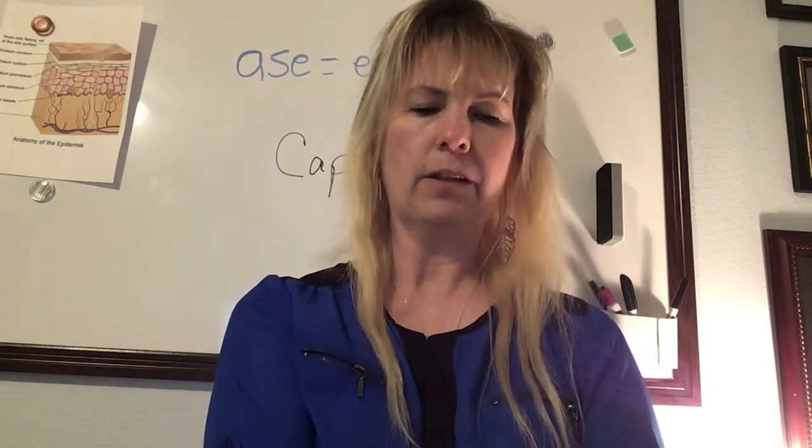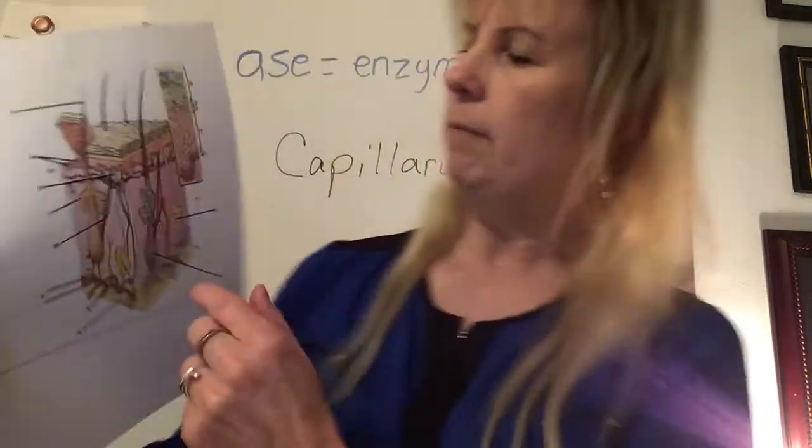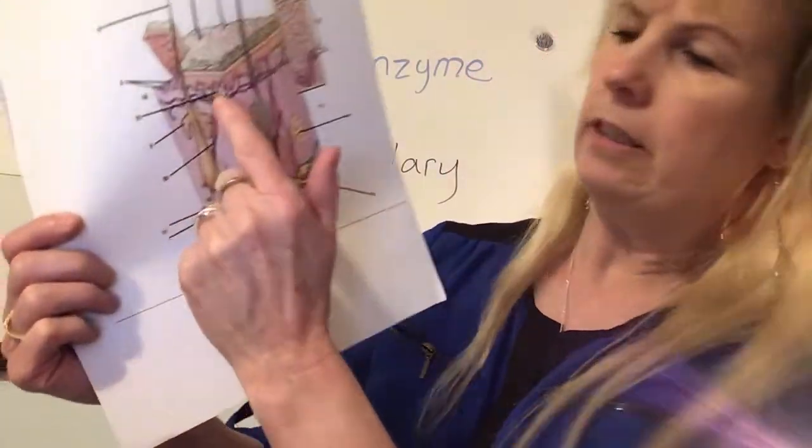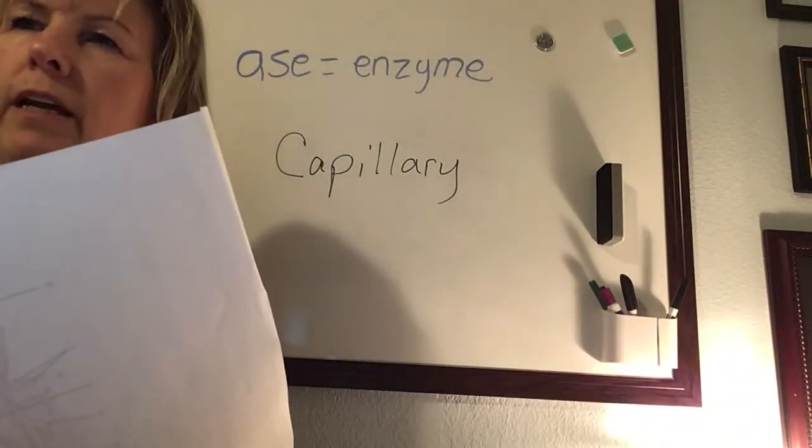Do you remember when we were talking about the Merkel cells and the Meissner's corpuscles? Here you can see there's a little Merkel cell, and that is where those live, is in that layer.